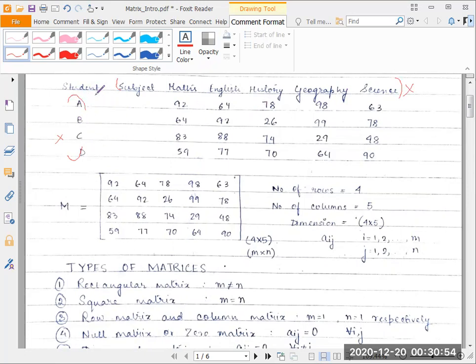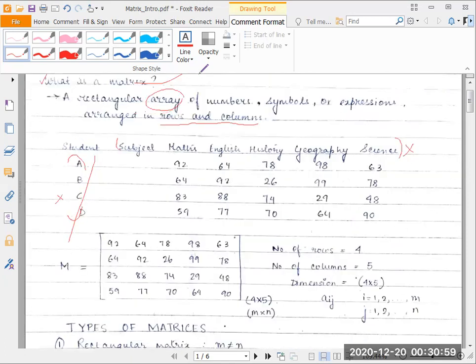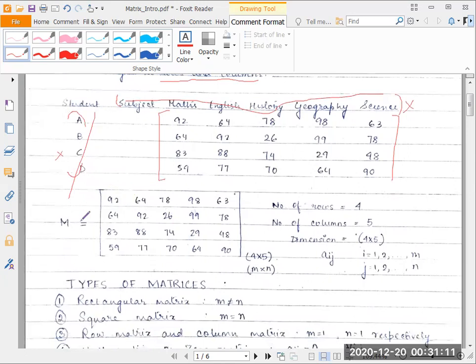So what I'm doing is I am removing this row and removing this column. So what I'm left with is a set of numerical data which has 4 rows and 5 columns. That is what I'm left with, and that is exactly what I do. So I have this representation of the above same data.